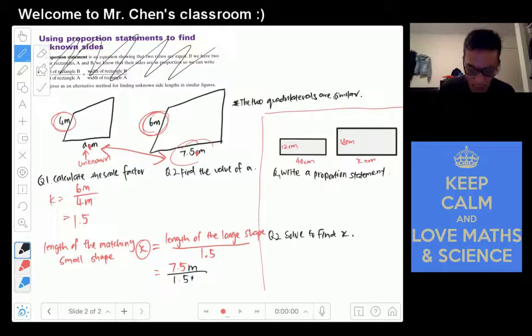The 1.5 is the scale factor. It has no unit. Remember, it is just how much bigger, which will give you 5 meters. So that tells me your A here is equal to 5 meters.